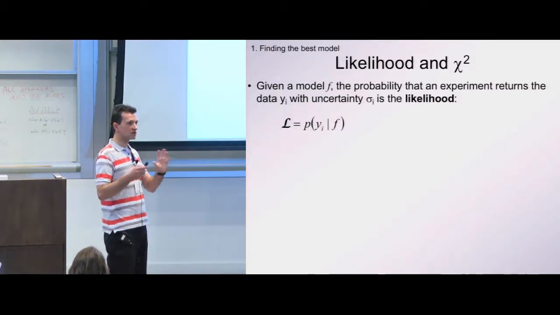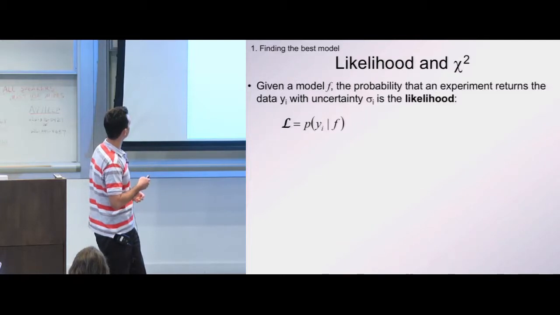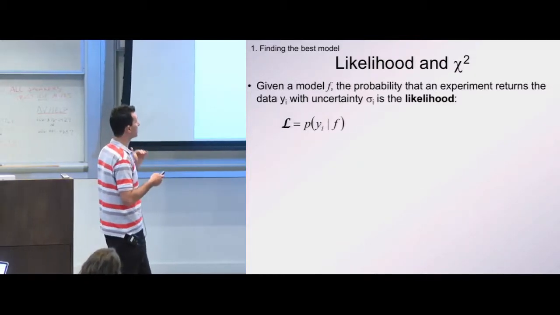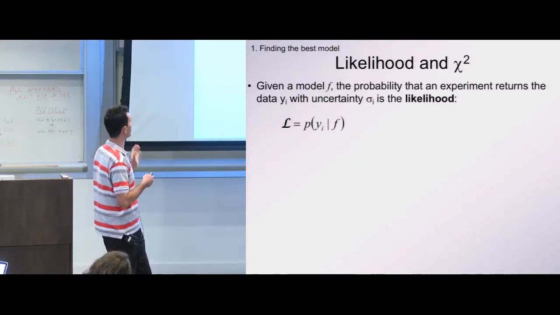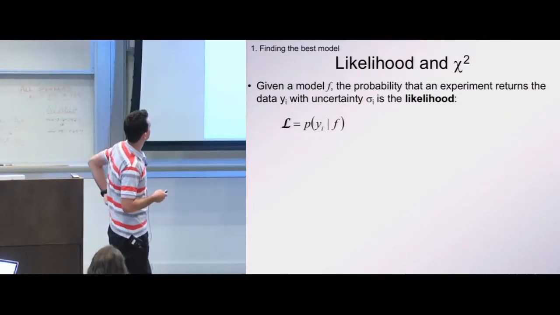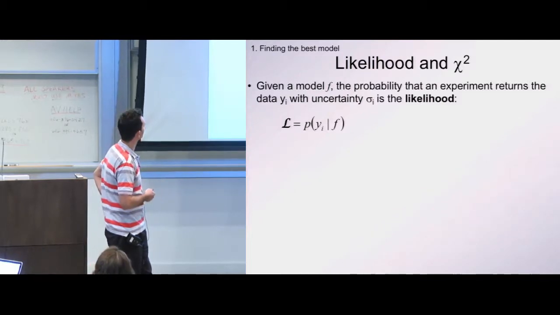So you can see that this is actually the opposite way. In principle, you would like to find the model given the data, but it's actually the opposite. So the probability of obtaining this data given this model. So the likelihood is just this thing. So it's the opposite of what you would like to have.